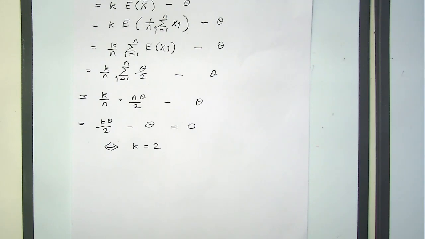Alright, the second part is to find the variance of theta hat. So you do the same thing as I did in the previous example. Let me take this away.